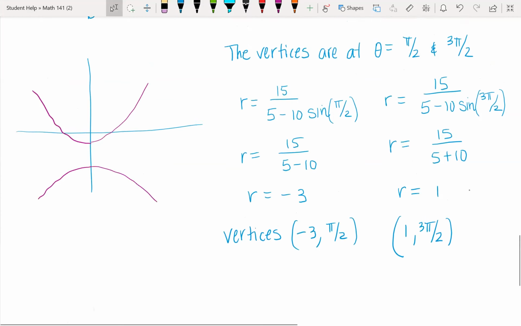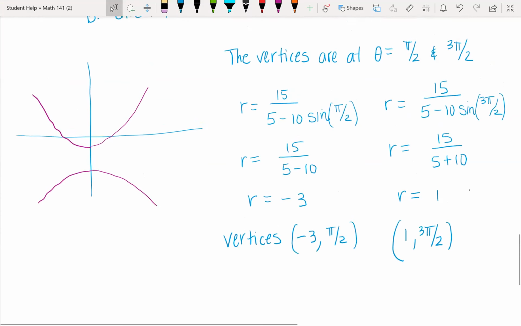So again, looking at the picture that we have, this value here is 1, 3 pi over 2 because we're going in the direction of 3 pi over 2, which is down, and we're moving 1 unit. Whereas this value here is -3, pi over 2, because if you start at the direction of pi over 2, which is up, you're going to go the opposite way, which is that negative.